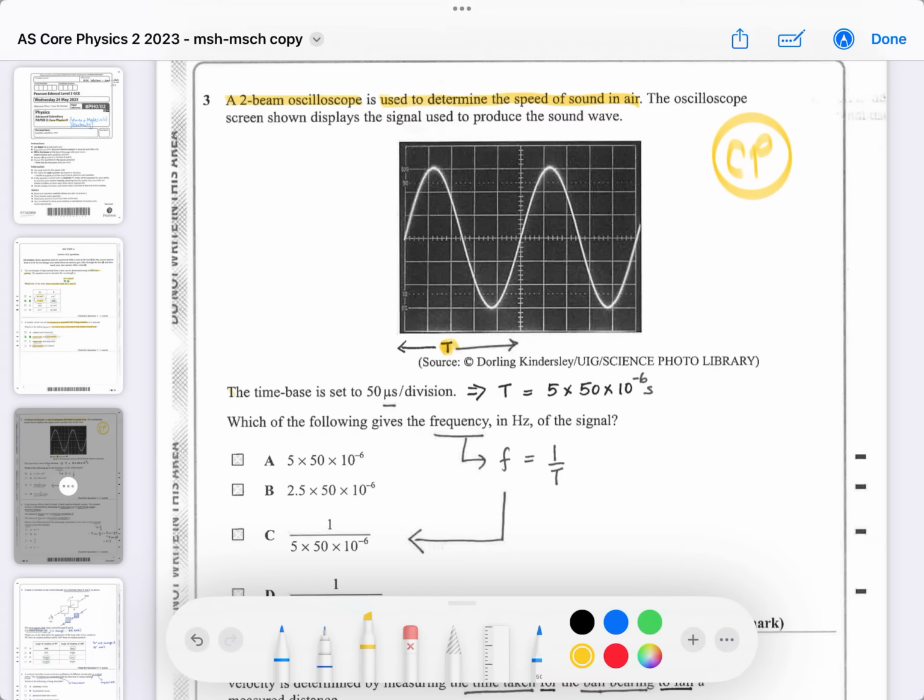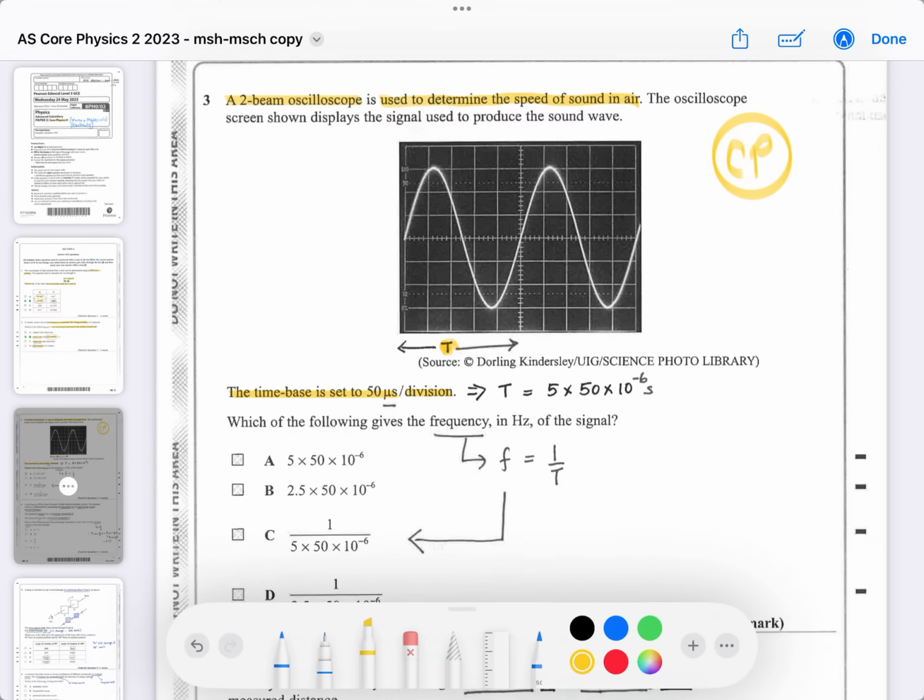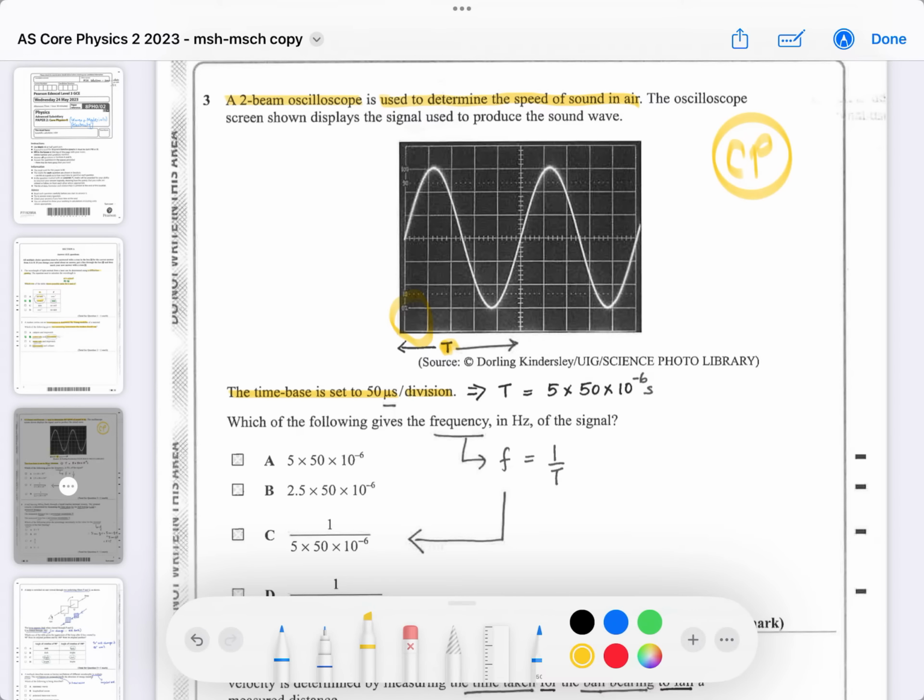Okay, and the time base, it says, is set to 50 microseconds per division. And the division is one of these small squares. So there are 10 squares or 10 divisions across. From here going left and right, we've got 10 divisions. And if 5 of them are 1 period, then you know it's 5 times 50 microseconds.